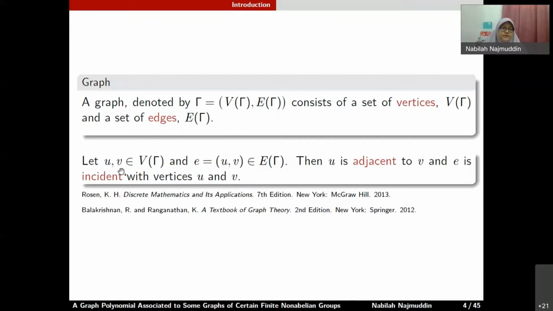If we have vertices u and v in the vertex set and e in the edge set, and e is a line connecting u and v, then we say u is adjacent to v, and e is called incident with vertices u and v. That is a graph.